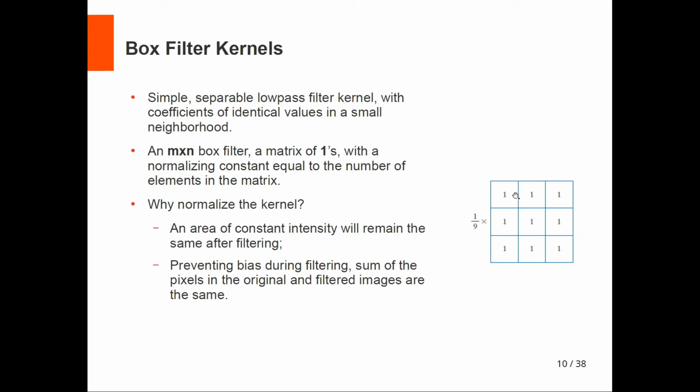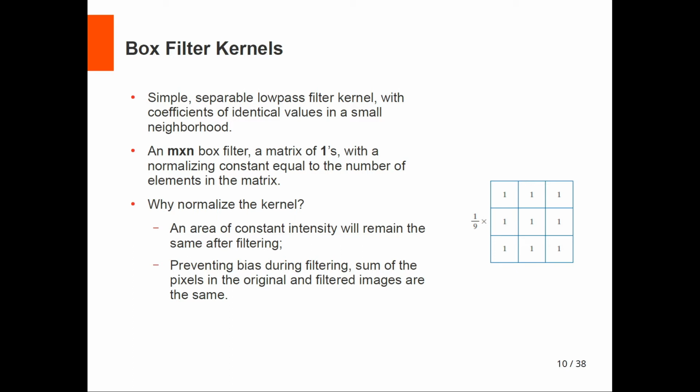So for example here, since we have a 3 by 3 kernel, we want these values to add up to 1, and that's why we multiply the whole thing by 1 over 9. So if we had a kernel of size 5 by 5, the normalization constant would be 1 over 25. So why normalize the kernel?